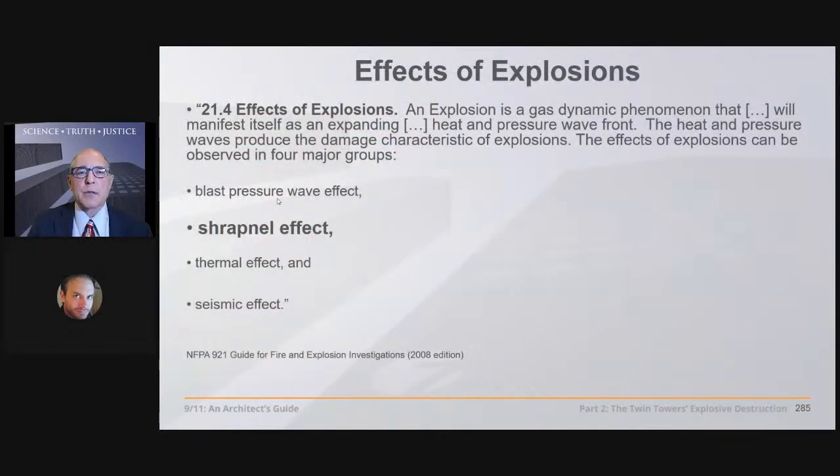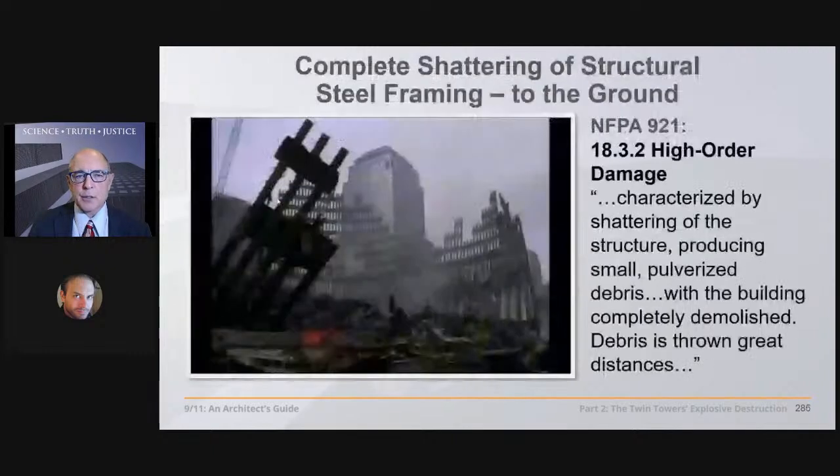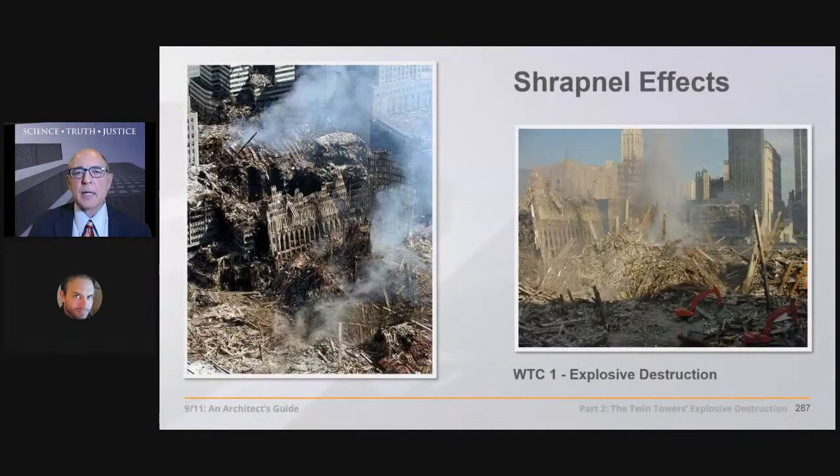Look for shrapnel effects as effects of what? Explosions. Look for high order damage characterized by the shattering of the structure producing small pulverized debris with the building completely demolished, debris thrown great distances, which is exactly what we have with respect to the building, the Twin Towers.